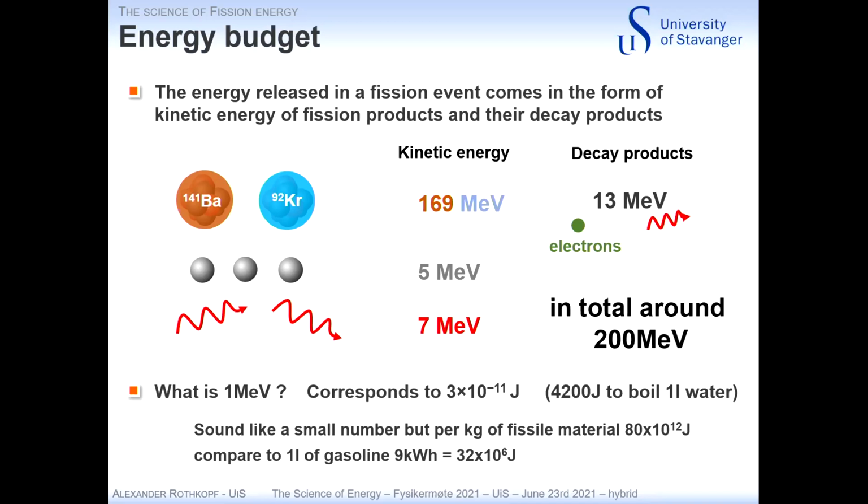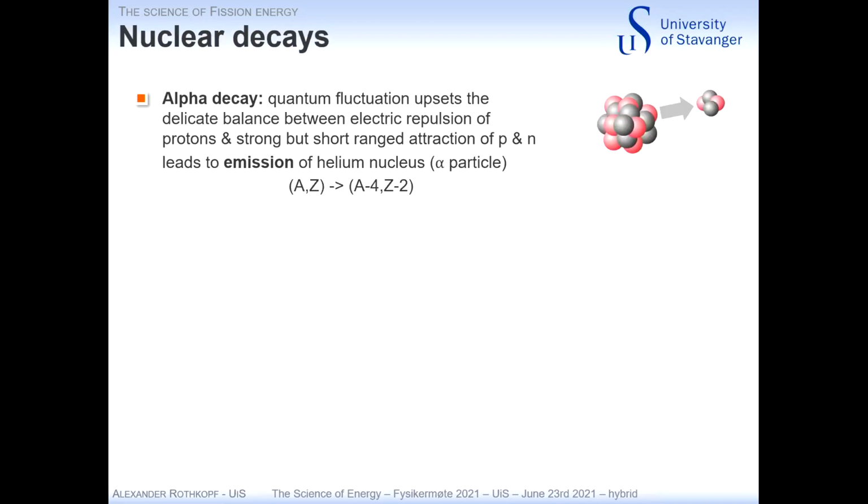I told you here that there are decay products playing a role. So let me say a few words about nuclear decays. I would like to focus on 3. The first one is alpha decay. And in alpha decay, a quantum fluctuation inside the nucleus upsets the delicate balance between the repulsive electromagnetic forces between the positively charged protons and the strong but very short-ranged nuclear force that is holding the protons and neutrons together.